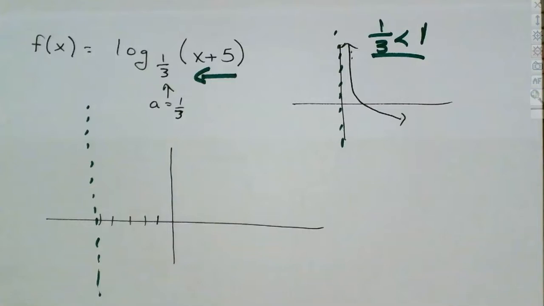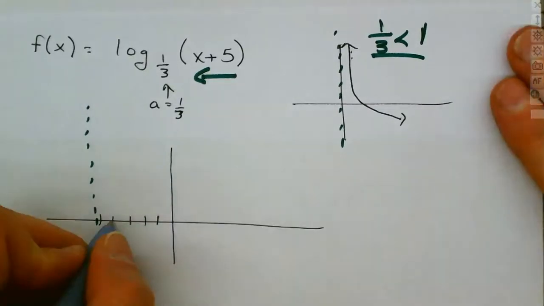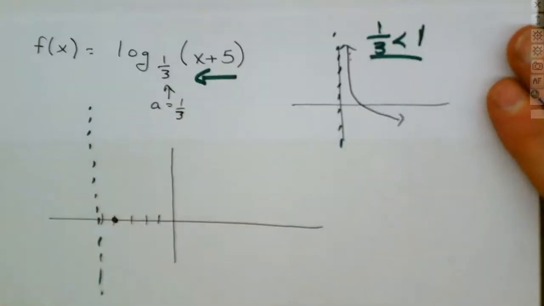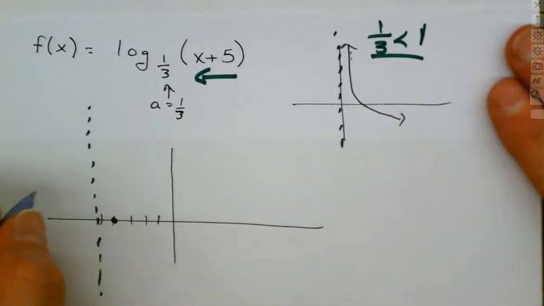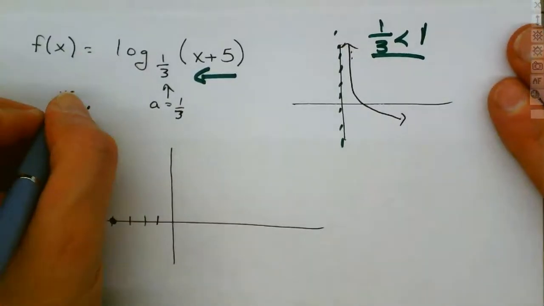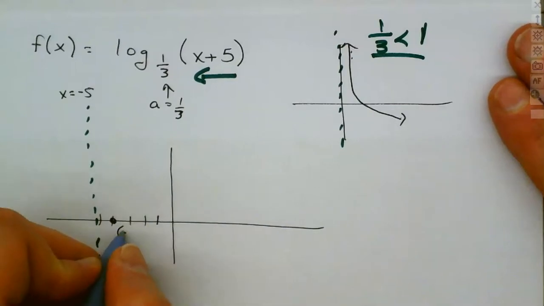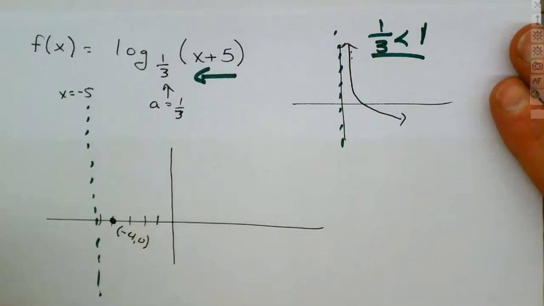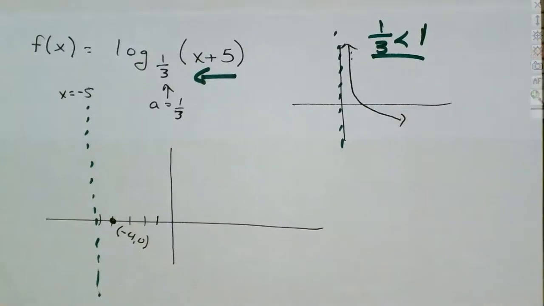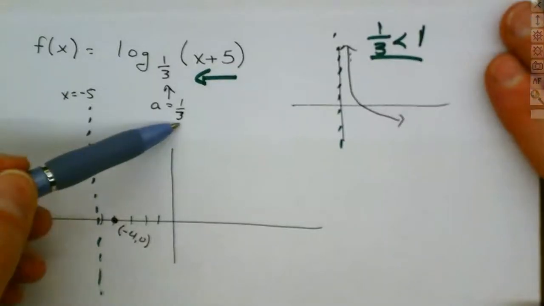Now, what do we always have? We always go 1 unit in front for these logarithms. So we still have that point, and this is at x equals minus 5. So this new point would be at minus 4, 0. So there's one of them. Now we need the other part. Okay. Well, the other part, what's my base? 1/3.